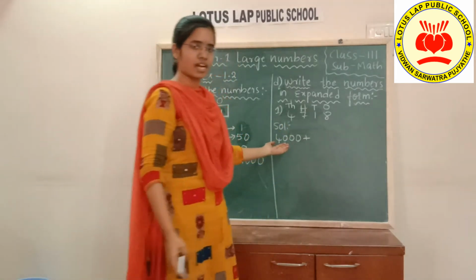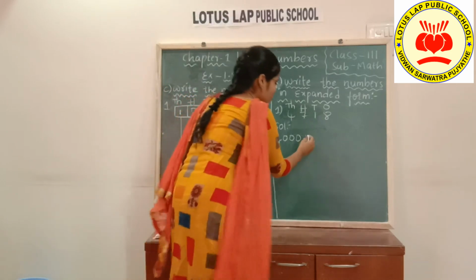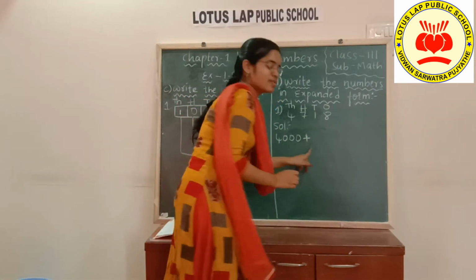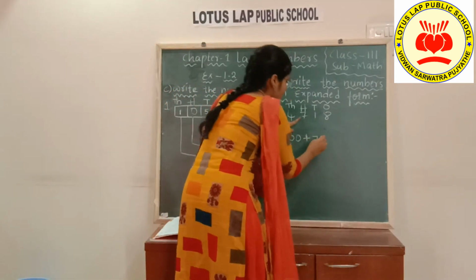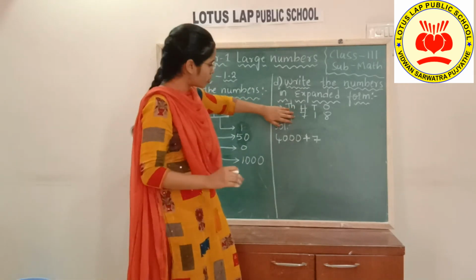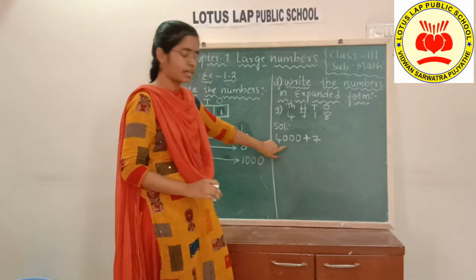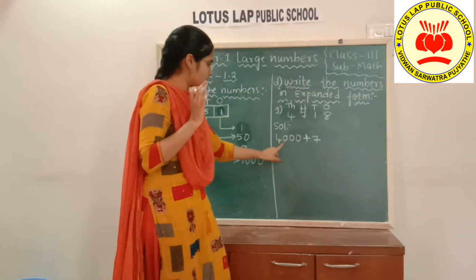These are place values, right? So we need to put the plus symbol. Yes, very good, children. Now plus, next digit you need to see. Next 7. Now after 7, how many digits are there? No need to worry about the previous digit, as we have completed writing the place value of the previous digit, that is in thousands place. So we inserted 3 digits.